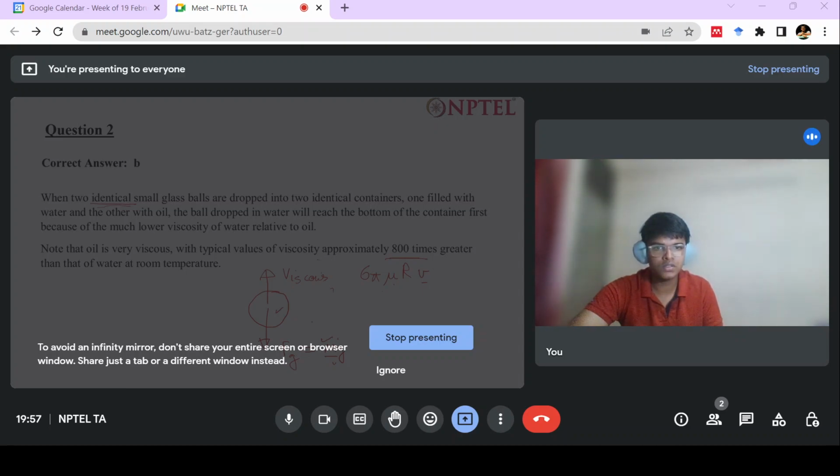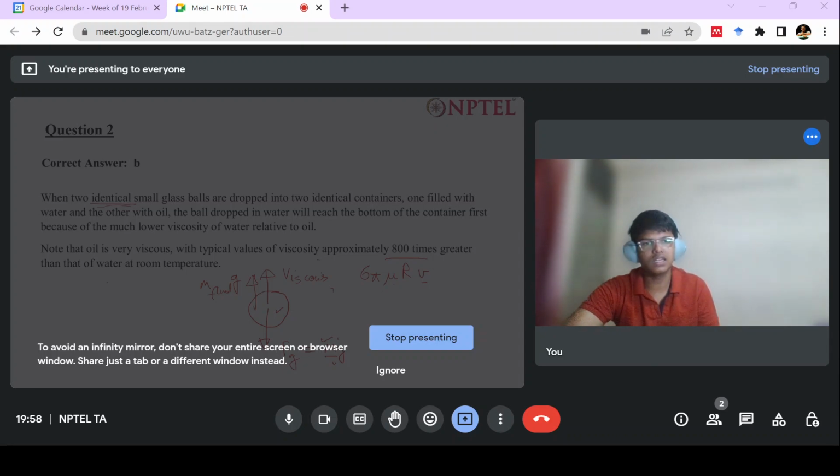What is the buoyancy force? It also acts upwards. It is the weight of the mass of fluid displaced by this volume. If this whole volume was covered with the fluid that the ball is in, whatever the fluid inside this volume is, that is the force acting on the ball.